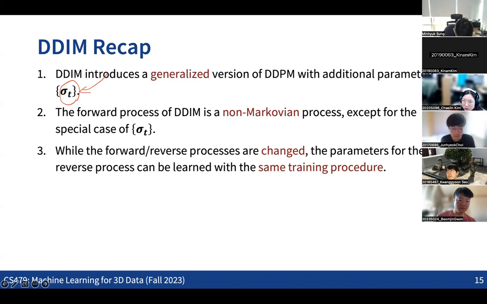And the most important thing is that while we are changing the forward and the reverse processes, the parameters of the reverse transition can be learned in the same way with the same training procedure.